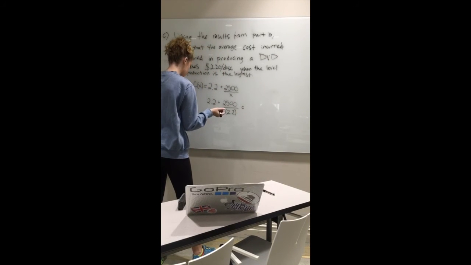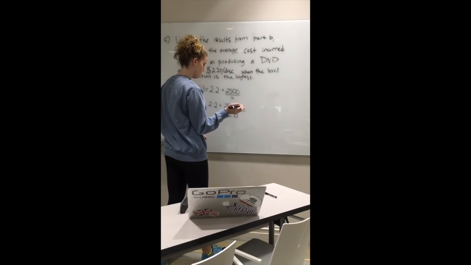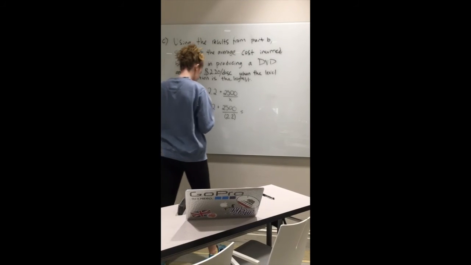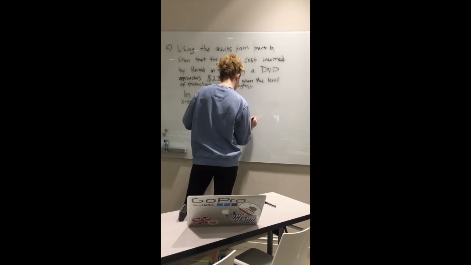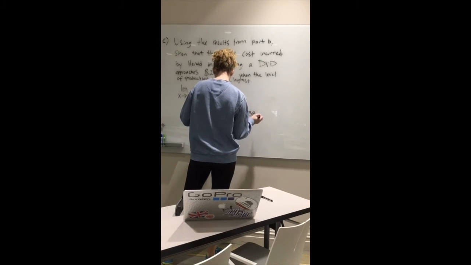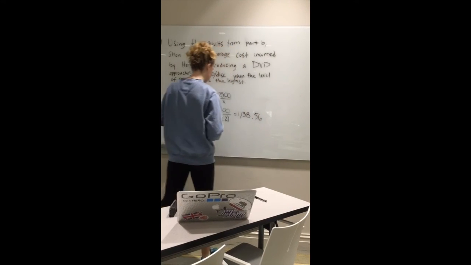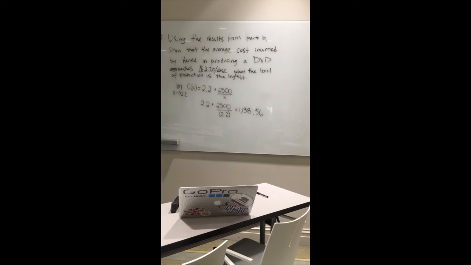So when it's approaching 2.2, we're finding those small numbers that are infinitely close to 2.2. So we're going to basically plug in for x, and we're going to find that the answer is 1,138 and 56 cents.